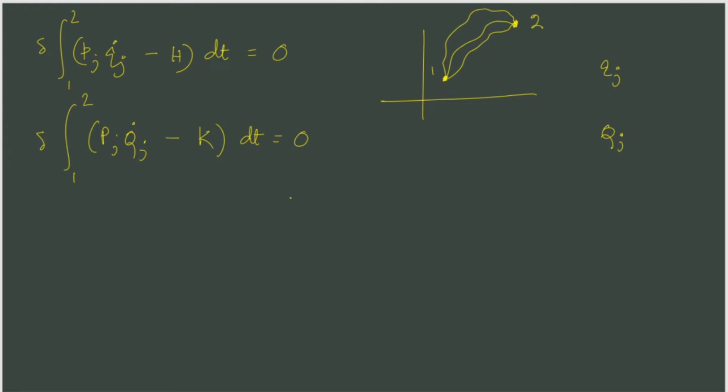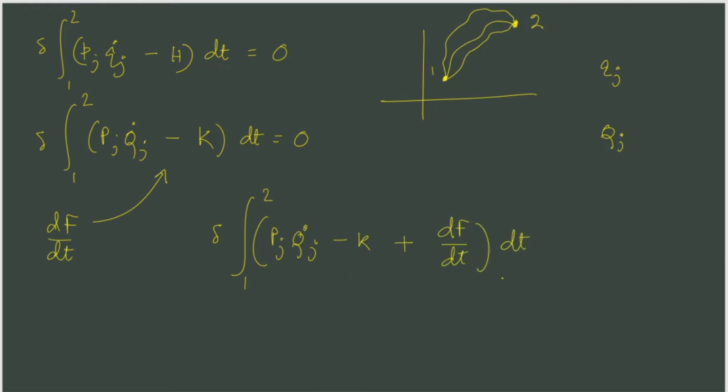Okay. Now suppose we have a function, in general a function like this, and we add the total time derivative of this function to the integrand, so that now it looks like this.